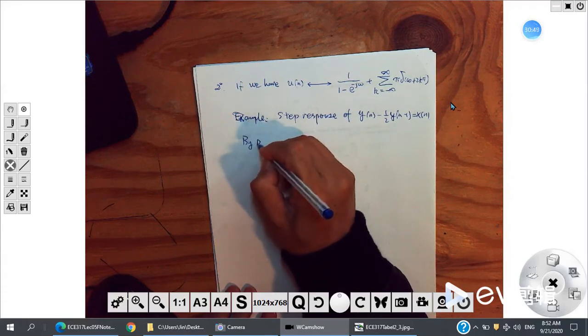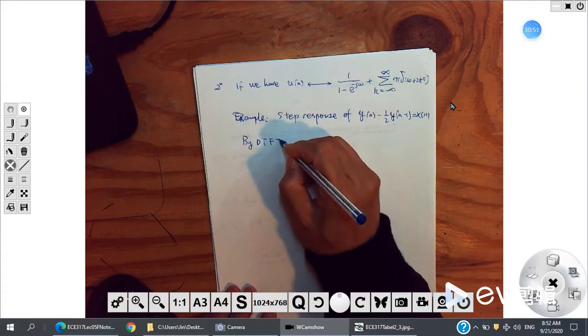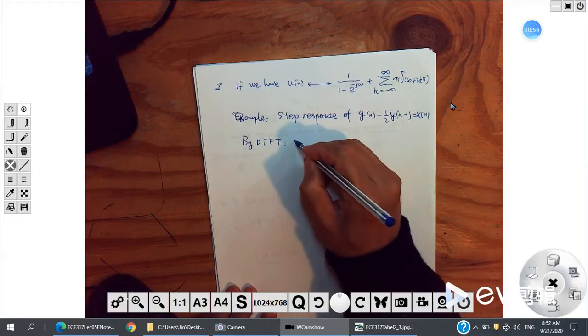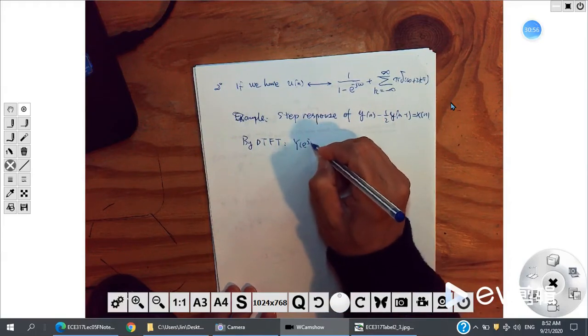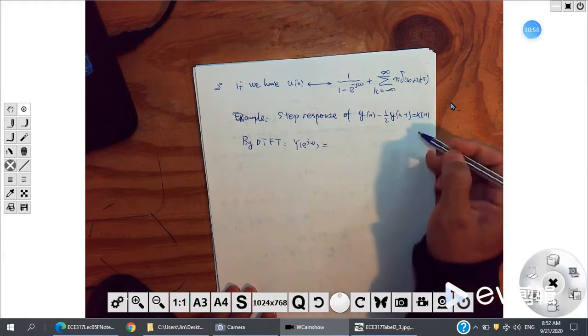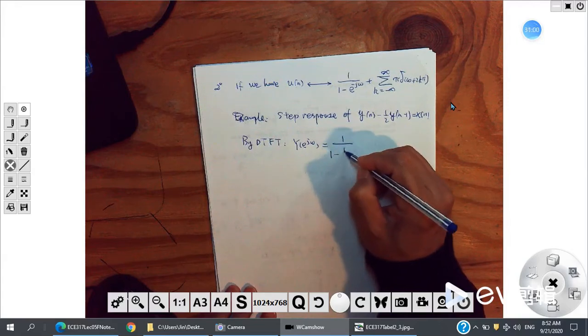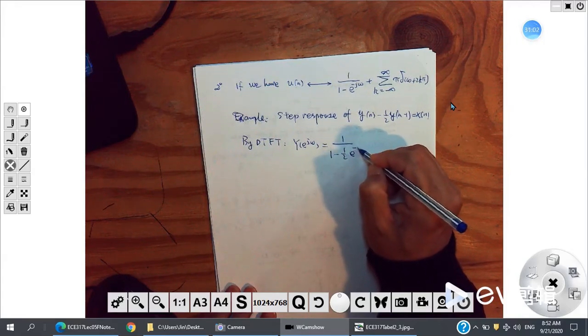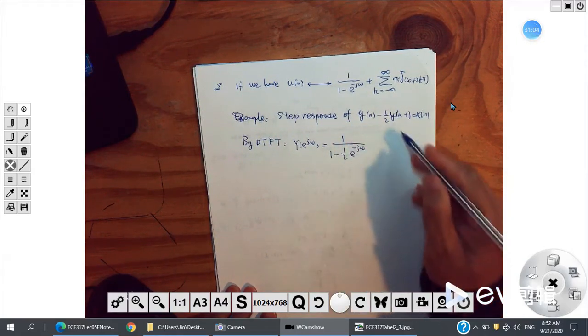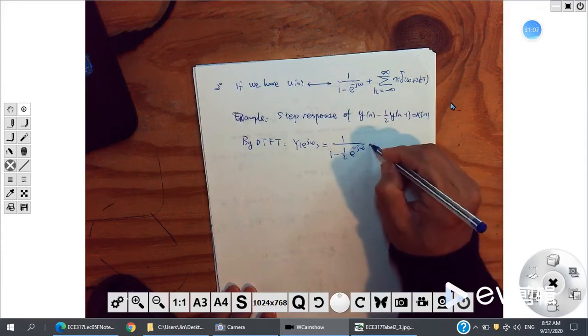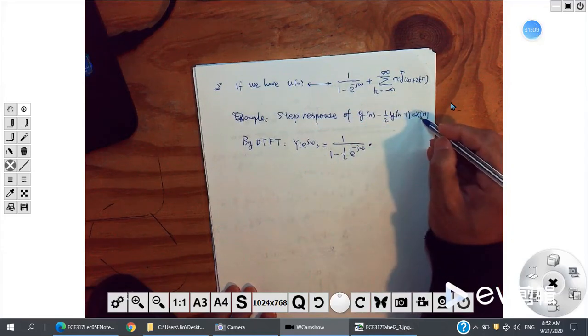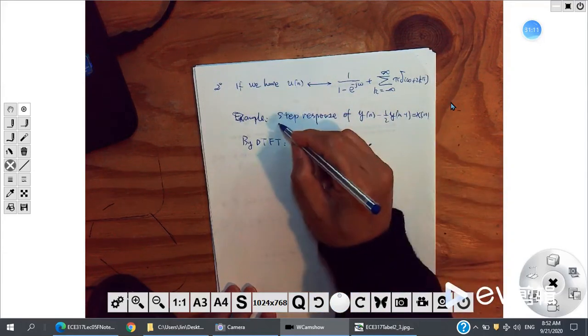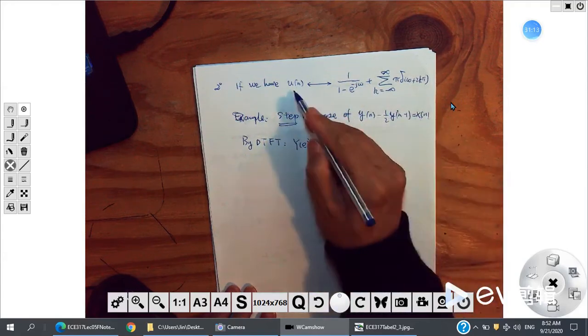By the discrete time Fourier transform, we have Y of e to the negative j omega equal to 1 over 1 minus 1/2 e to the negative j omega. This is the frequency response, times X. Now we consider the step response, that means the input is a unit step, right?